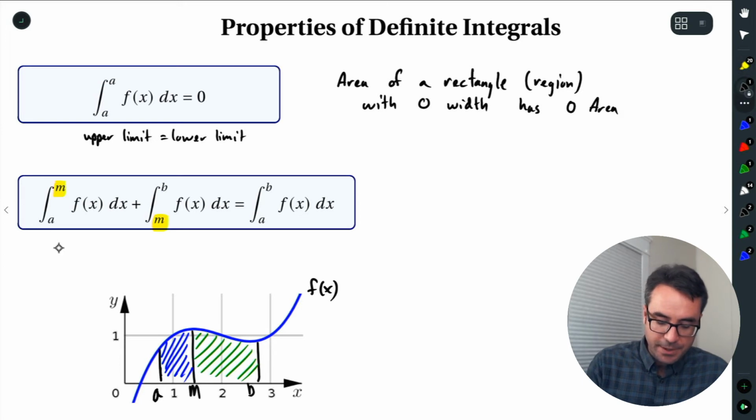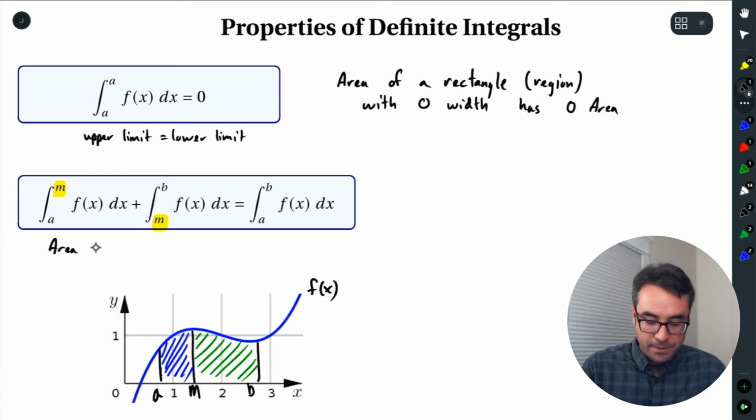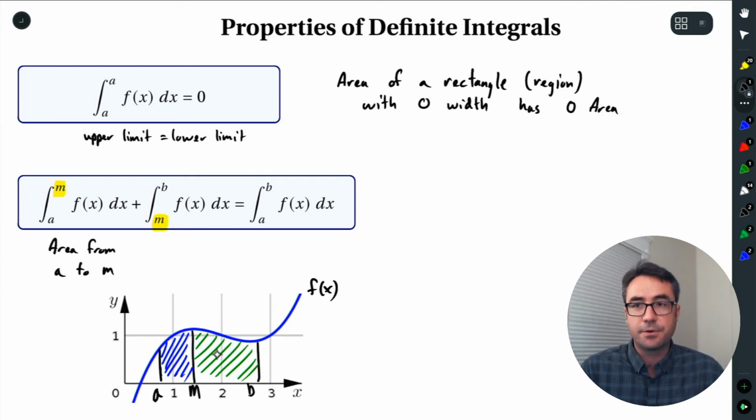This integral is describing the area under the curve from a to m, and this integral is describing the area under the curve from m to b.